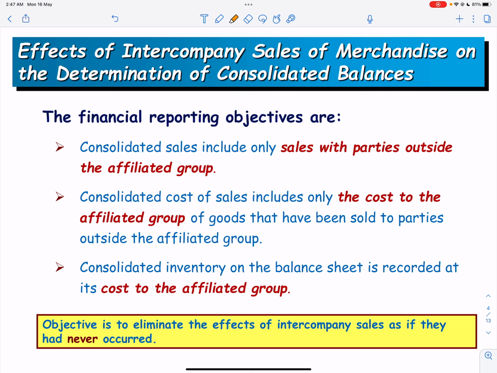Suppose the subsidiary purchased assets for 5,000 and sold to the parent company for 7,000. Later on, the parent company sold to the third party for 9,500. So the cost of goods sold for subsidiary is 5,000.